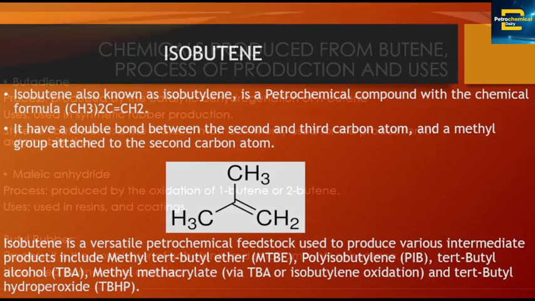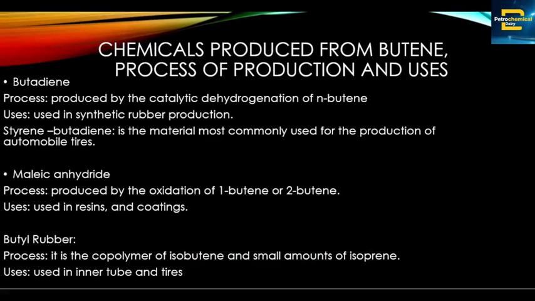So let's look at some of the chemicals produced from butene, the process of production, and their uses. One of the chemicals produced from butene is butadiene. Butadiene is produced by the catalytic dehydrogenation of n-butene. Now, what is dehydrogenation? It is a chemical reaction that involves the removal of hydrogen from a molecule.